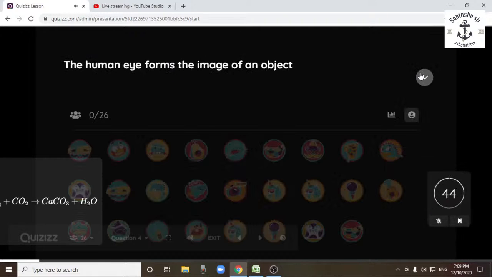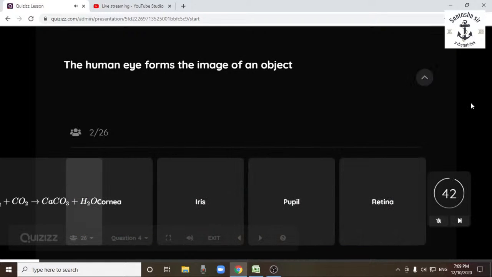Question number 4. The human eye forms the image of an object. Seconds more.